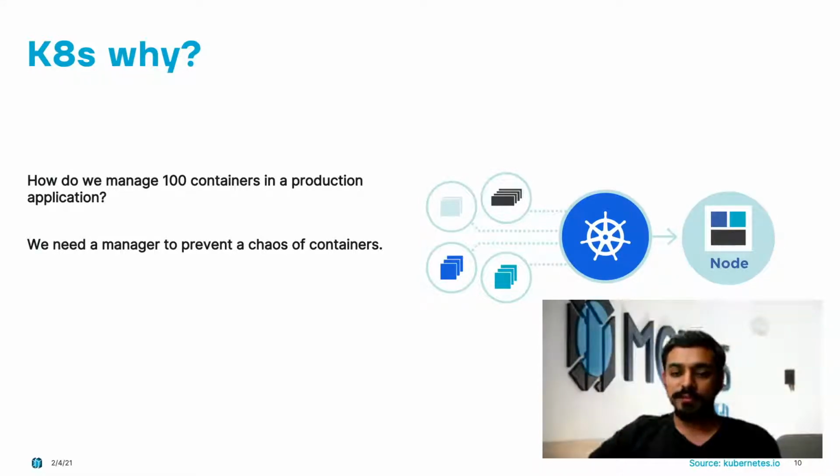For example, if in a production application we have to deploy 100 different types of containers, yes, we can deploy them via Docker, but it will be very messy. It will be chaos. So we need another layer in between, which will help us manage these containers and reduce our manual work to manage them separately. This is why we need Kubernetes.